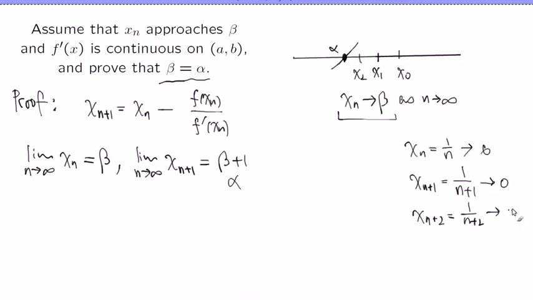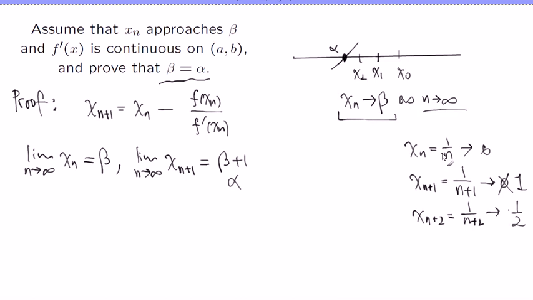Does it go to 1 over 2? Or is this not the correct answer? So what happened to that one? Goes to 1? Why does that go to 1? N is not approaching 1, because n is going to infinity, remember?